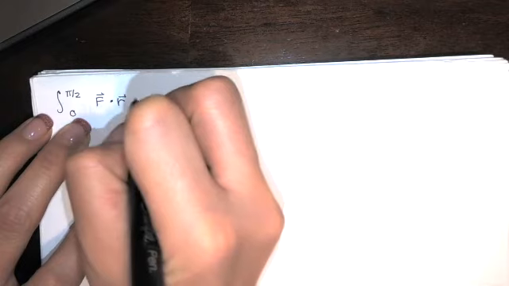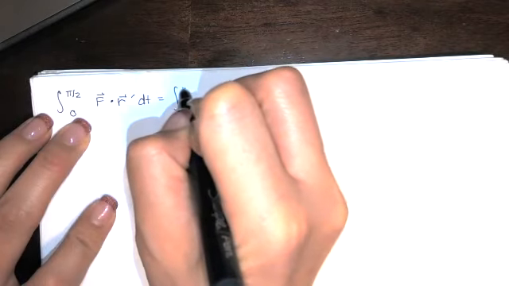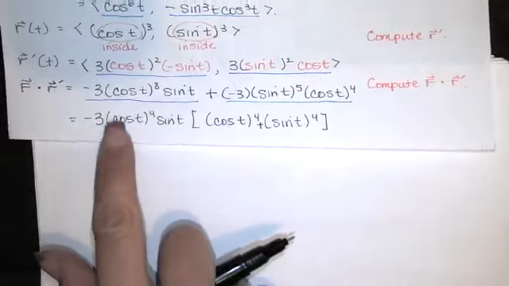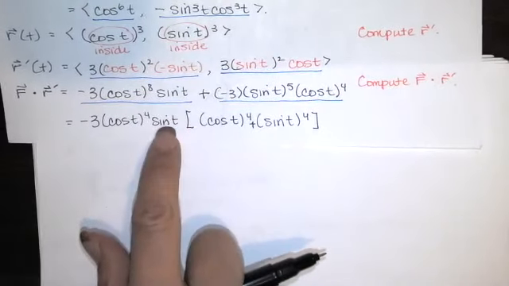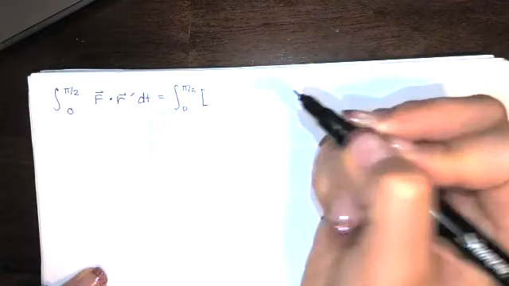So I've got the integral from t equals 0 to t equals pi over 2 of f written in terms of t dotted with r prime. And that's this. Now, because I'm going to do the u sub where u is equal to cosine of t, I'm going to factor that sine of t off to the far right and put everything else in brackets.